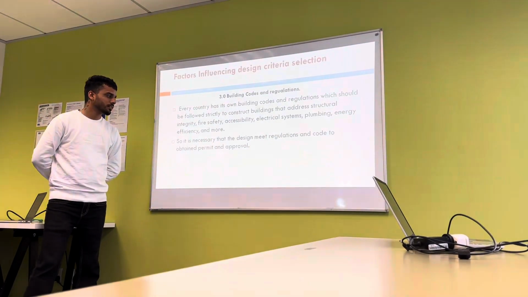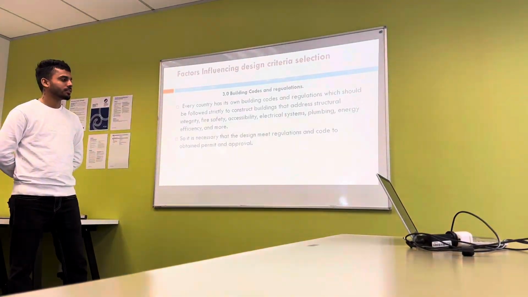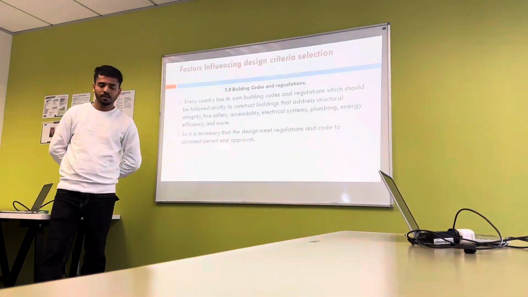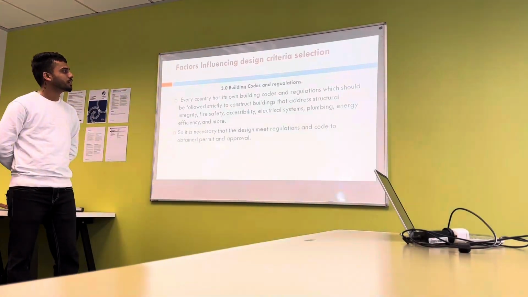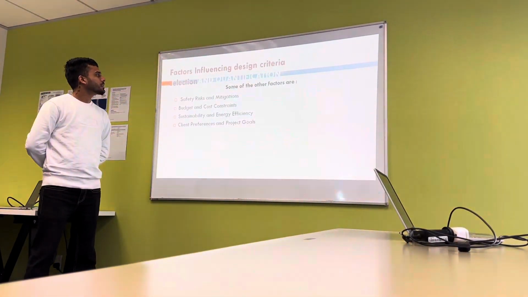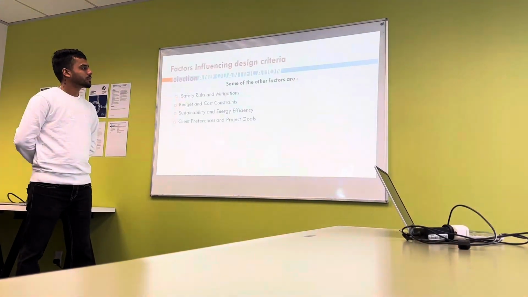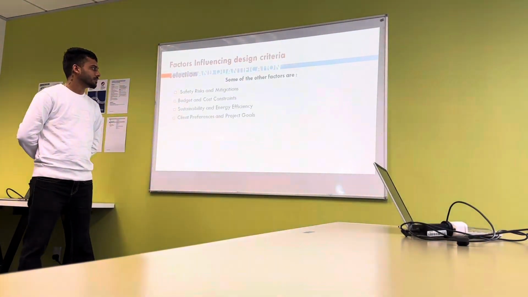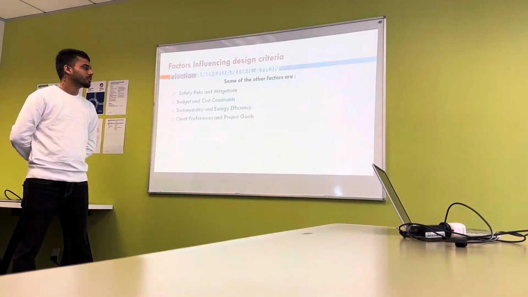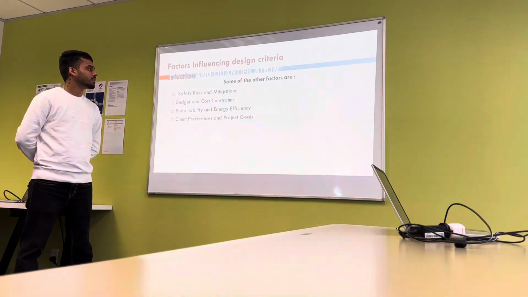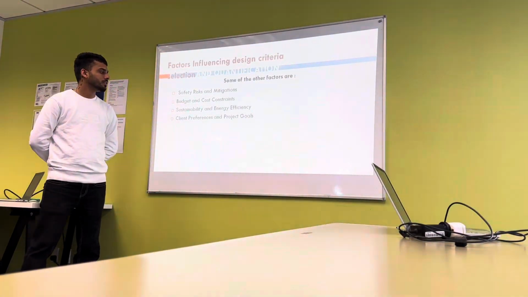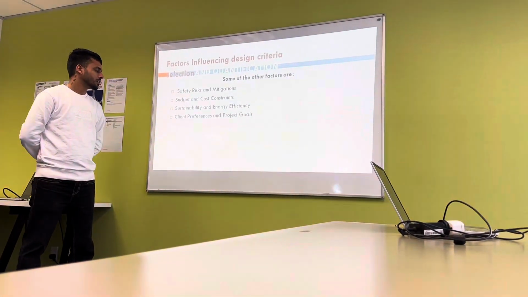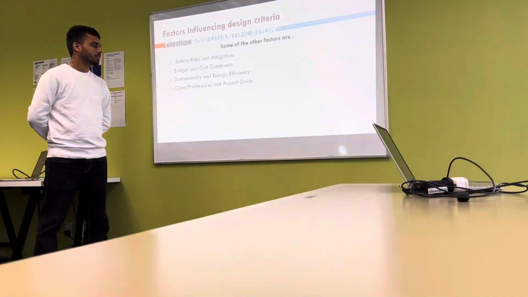It is necessary that the design meets regulations and codes to obtain permit and approval of the building. Some of the other factors are budget and cost constraints, safety risk and mitigation, sustainability and energy efficiency, client preferences and project goals.